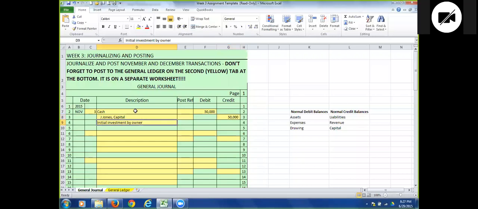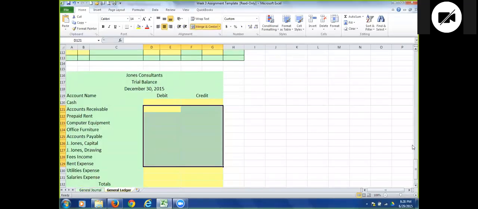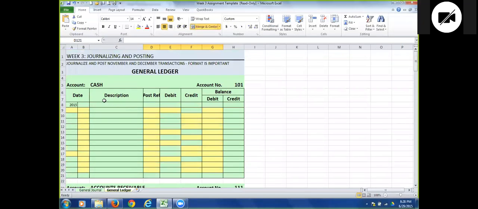So the next step, we have to post these to each ledger. So cash is a debit of $50,000. So we want to go to the general ledger, find cash up here, it's November 3rd.